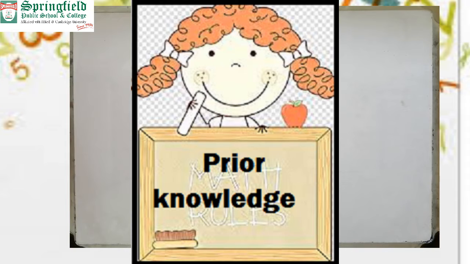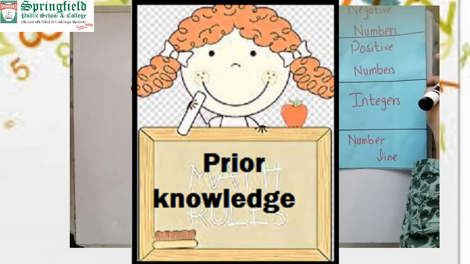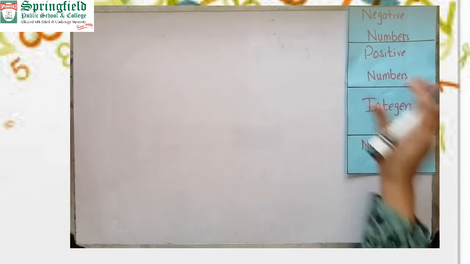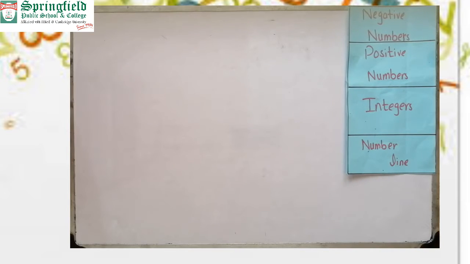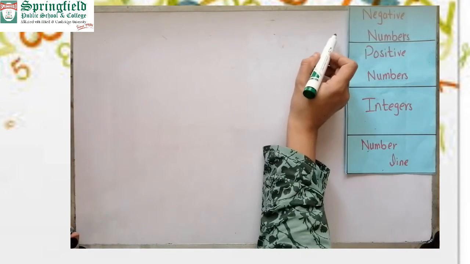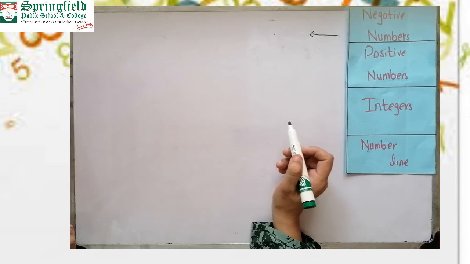Now, we also learned about negative numbers, positive numbers, integers and number line in the previous assignment. So first we will revise these points and then we will start the new one. Negative number: a number with a negative sign is called a negative number.